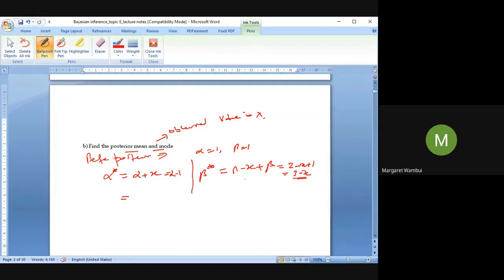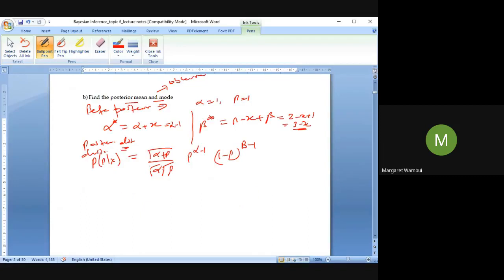So we want to find out generally. Suppose we write down the distribution itself. So the posterior distribution will be given by, remember how we write down the posterior distribution? Let me call it p of p given x is equal to, we usually have gamma alpha plus beta over gamma alpha, gamma beta, and then p to power alpha minus 1, 1 minus p to power beta minus 1.